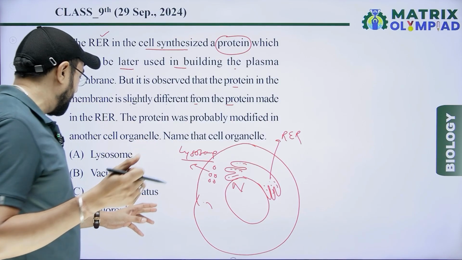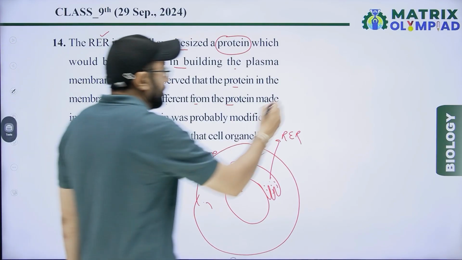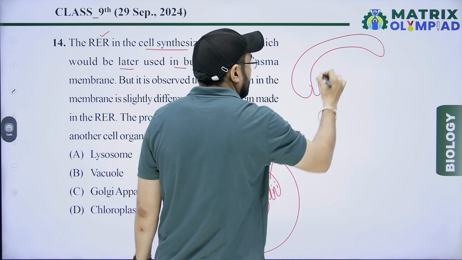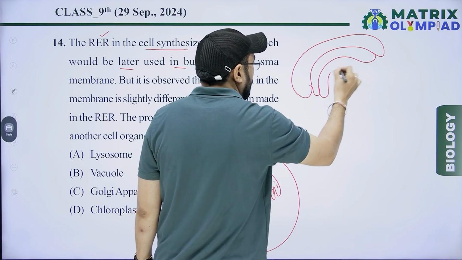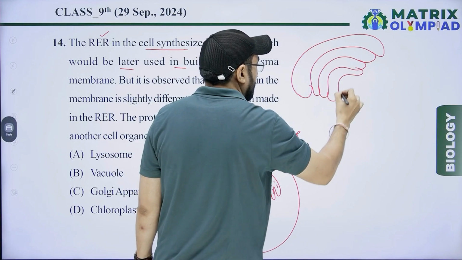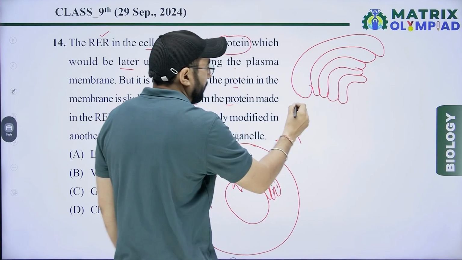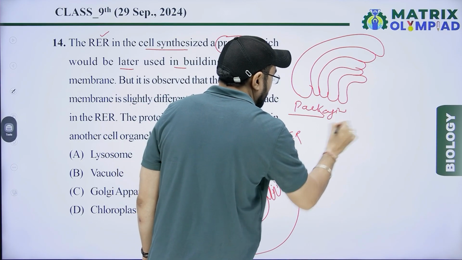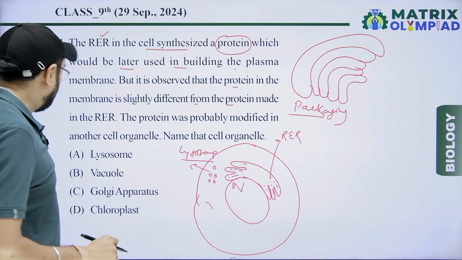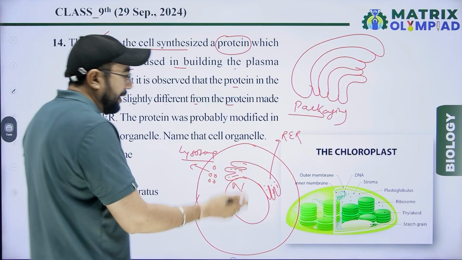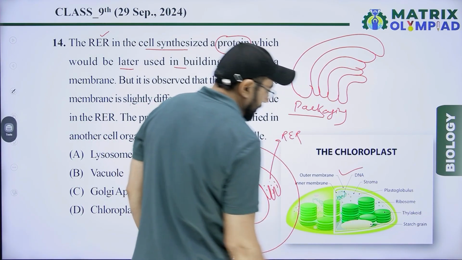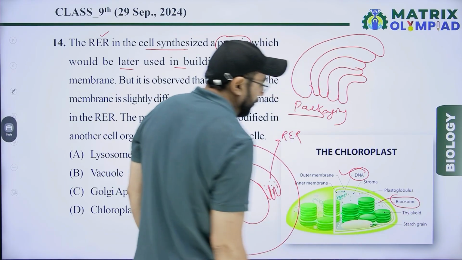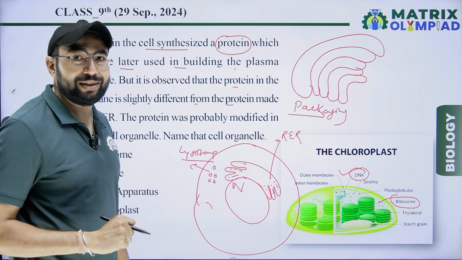The Golgi apparatus has small tubular parallel structures that help in packaging the material. Next is chloroplast, which helps in photosynthesis and also includes DNA and ribosomes for protein synthesis.